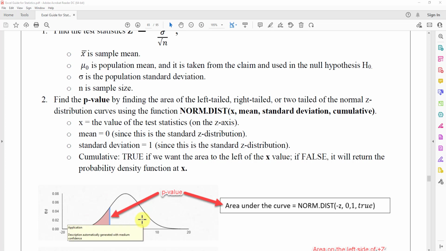The p-value is just the area under the curve, and to find it, we simply input norm.dist, the negative z value, the value of the test statistic, then the mean 0, standard deviation 1, and true because I'm looking for the left area. I want the cumulative to be true. It will give me the area to the left of that x value, in this case minus z.